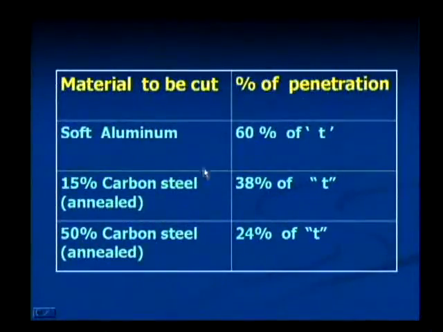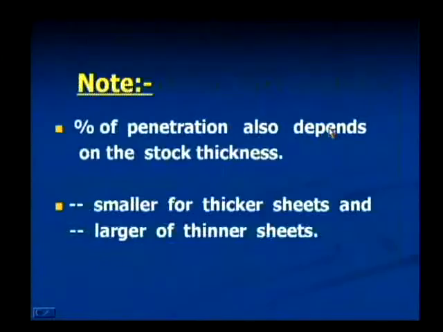From this table we can observe if the material is soft aluminum, the percentage of penetration is 60% of T. If it is 50% carbon steel annealed, only 38% of T, and if it is 50% carbon steel annealed, it is only 24% of T. So, it is quite clear that the harder the material, the lower the percentage of penetration.